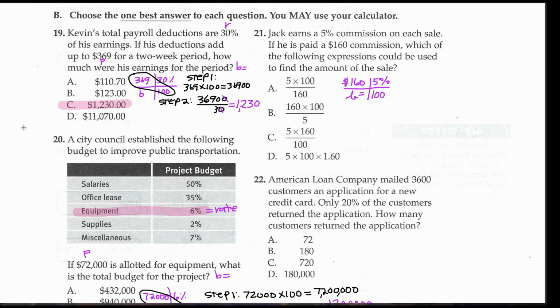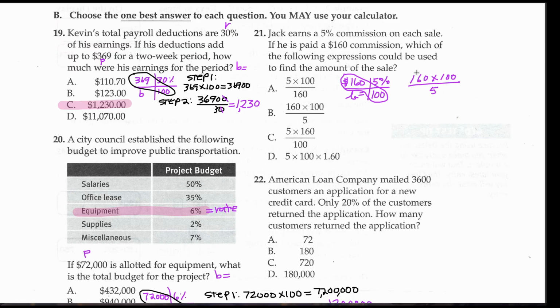So to solve for the base, we need to multiply these two numbers and divide it by 5. So let's do 160 multiplied by 100. Whatever we get, we divide by 5.